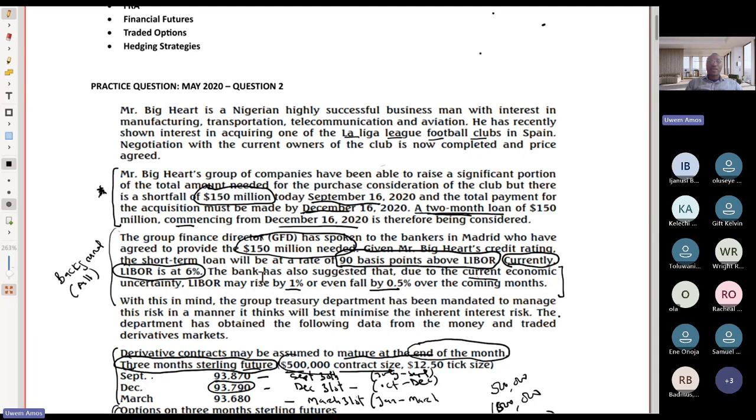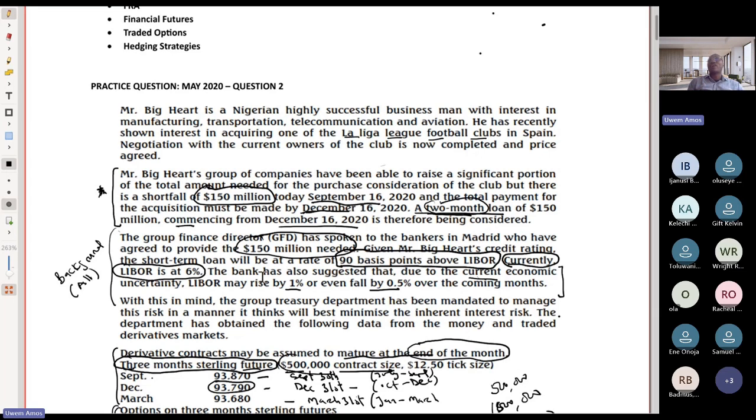And to buy that club, he needs 150 million. So he needs to borrow 150 million. So he's a borrower. However, he needs that money on December 16th. Today is September 16th. He needs the money on December 16th, and he needs the loan for a period of 2 months. So Mr. Big Heart is clearly a borrower.